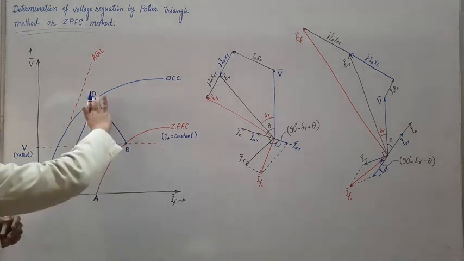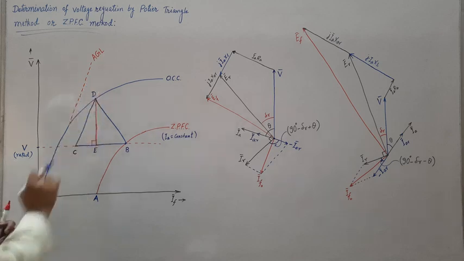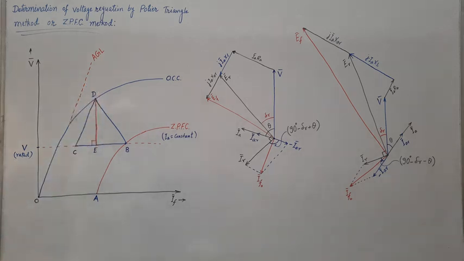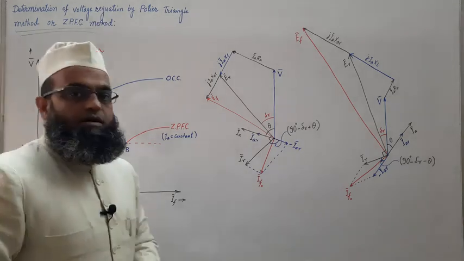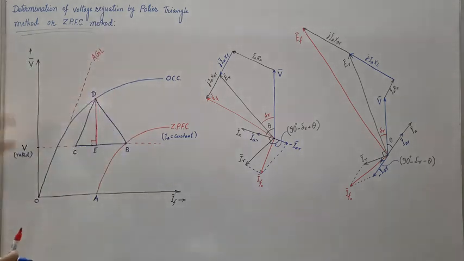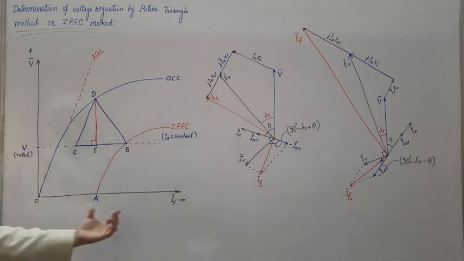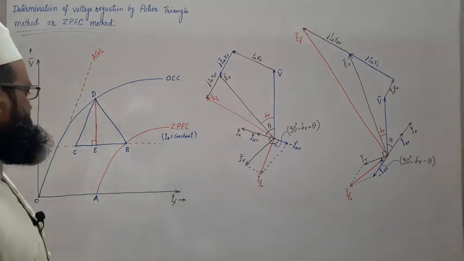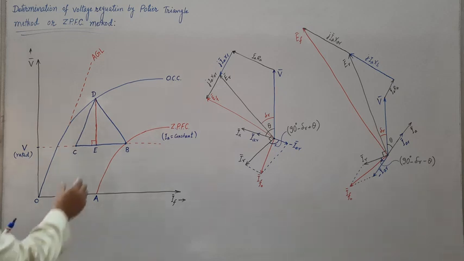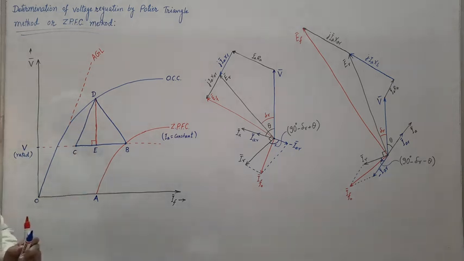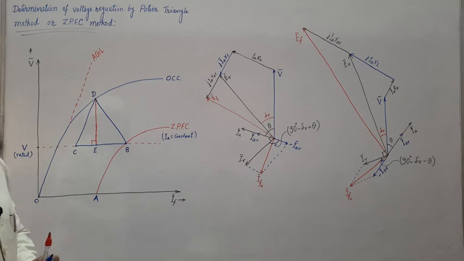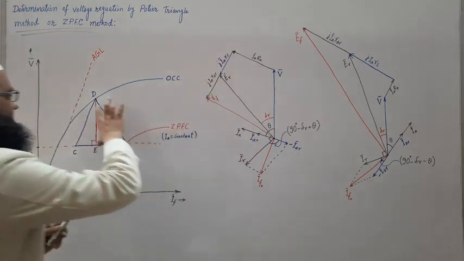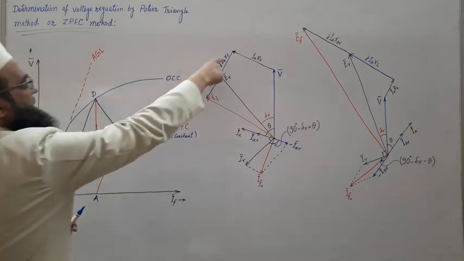And this side of the Potier triangle BDE, this side DE, represents the IAXL drop. Here we are taking EMF and here we are taking MMF or field, right? So this CE represents the field current required to overcome the leakage reactance drop IAXL, whereas this side gives the value of IAXL.